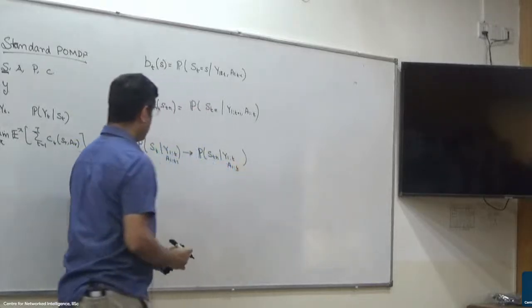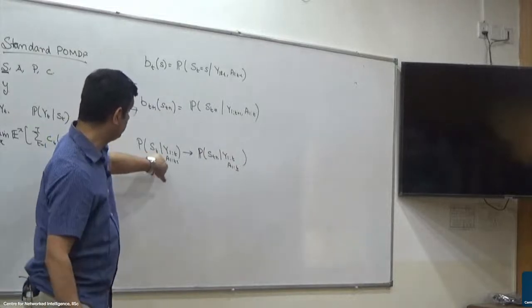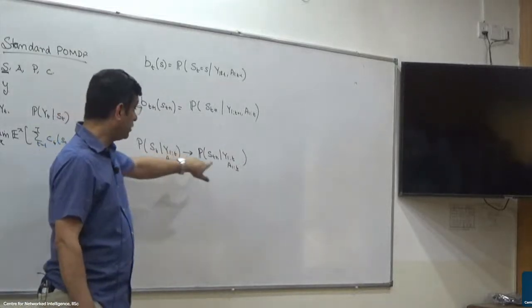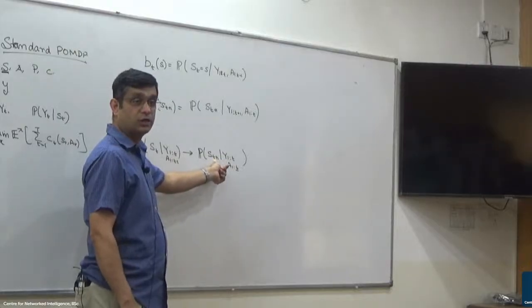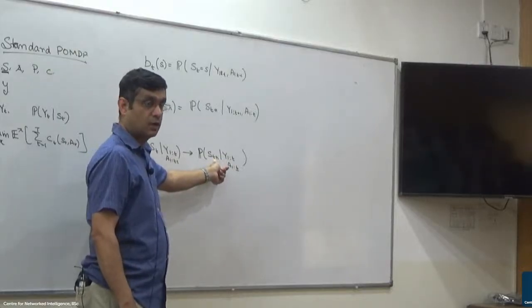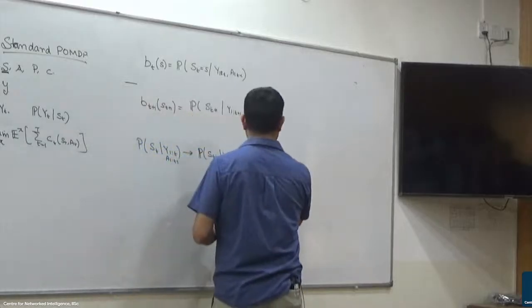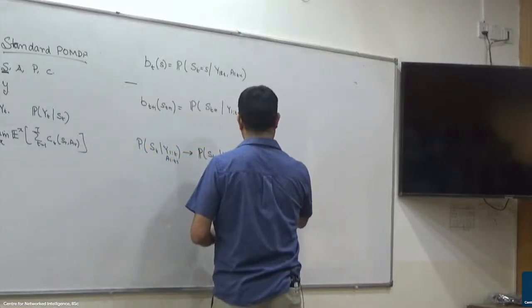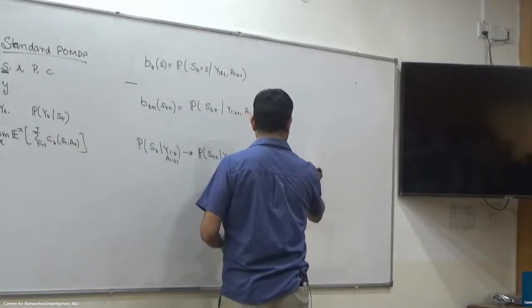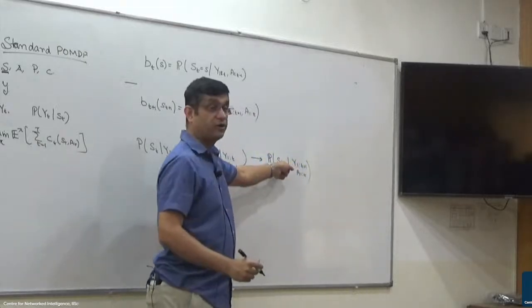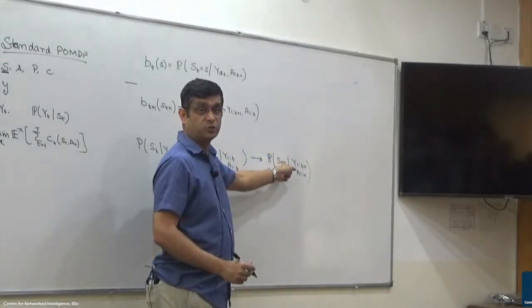So if I had a belief on the state and I tell you what the current action is, from the dynamics of S, I can compute what the distribution is. Okay. And now if I get one more observation, I can compute through nonlinear filtering what this distribution would be.